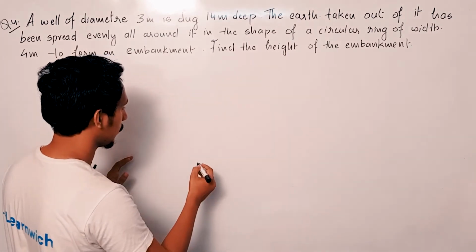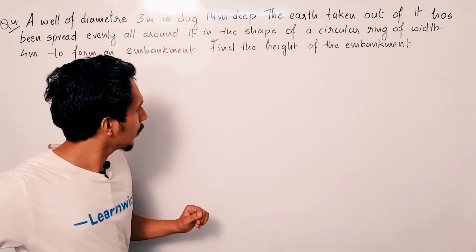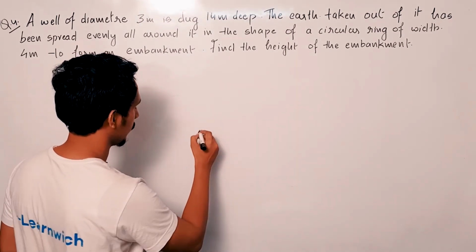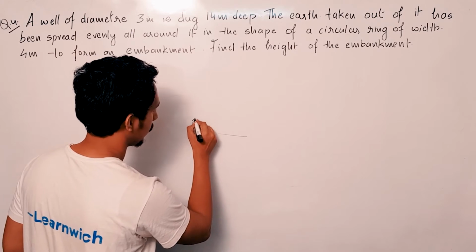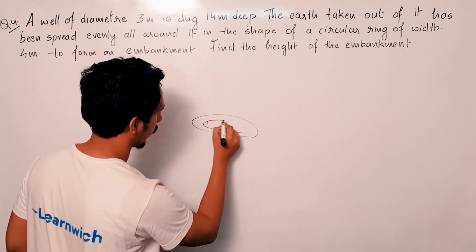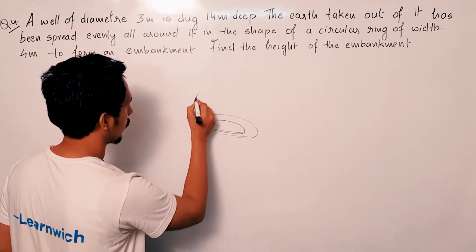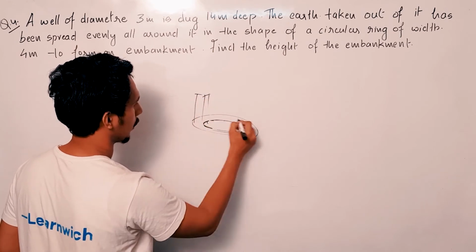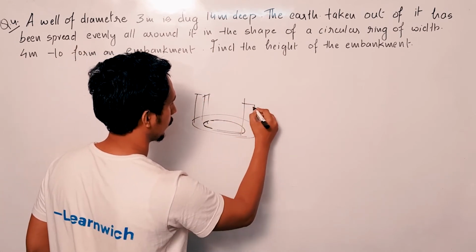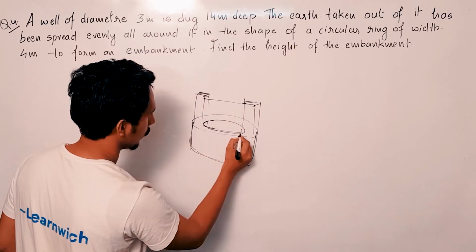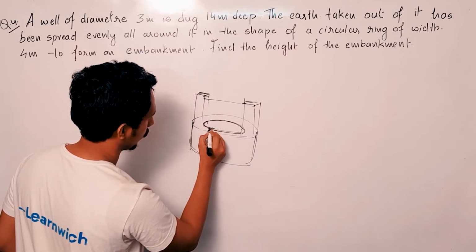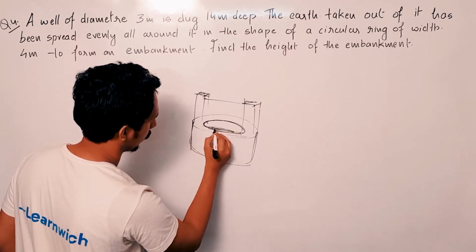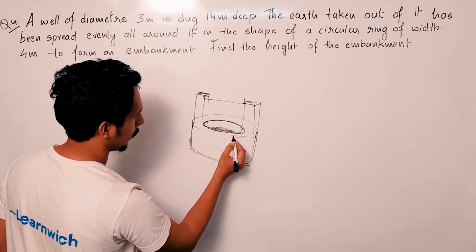It looks like, let's say, this is a well. Okay, so let there be things like this. Okay, this is a well.